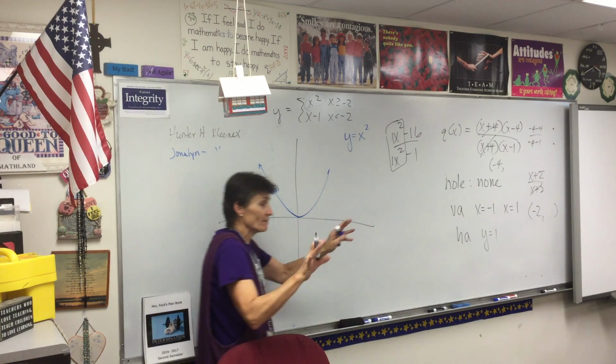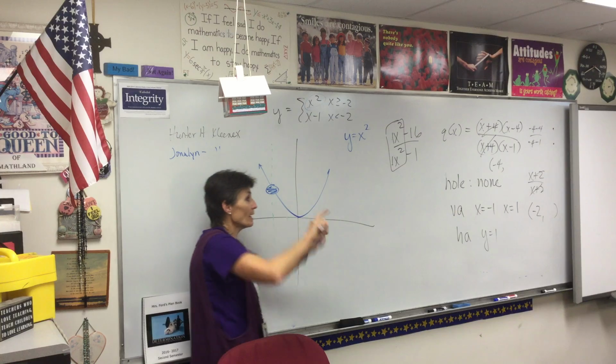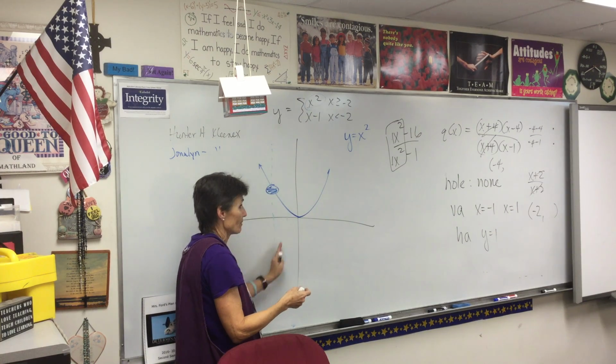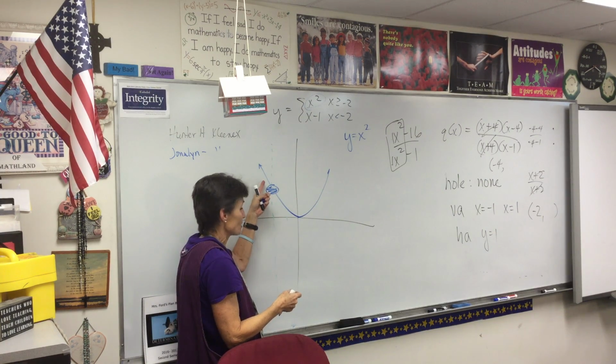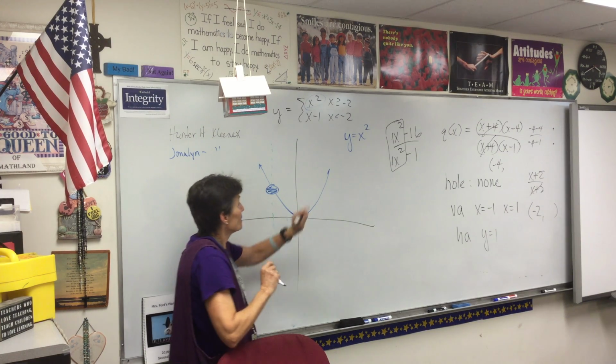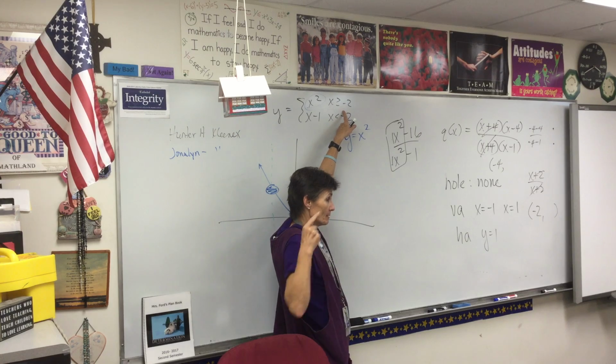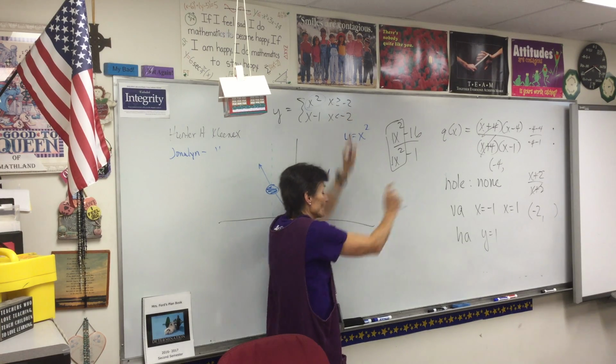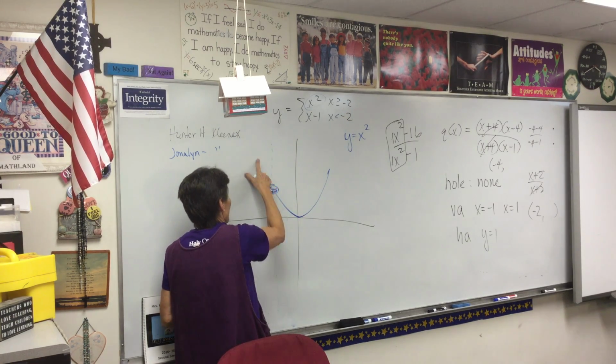Think of it like this: that parabola has been snapped right here. You have two pieces. One piece gets thrown away. The piece I keep is that piece. Go with left. So this gets thrown away.